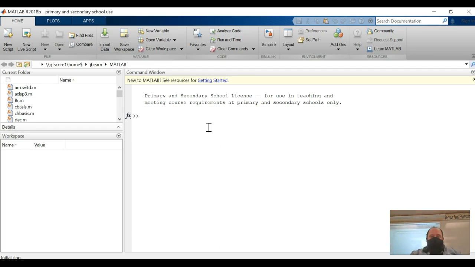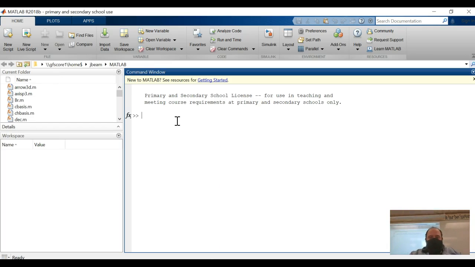So if I put in A, 1, 2, 3, 4, right? The keyword for inverse is INV. It's just INV(A). And it came back with -2, 1, or 3/2, -1/2.